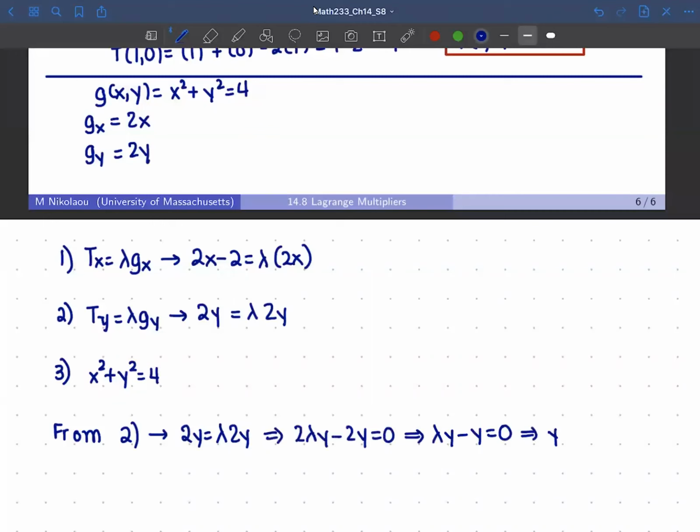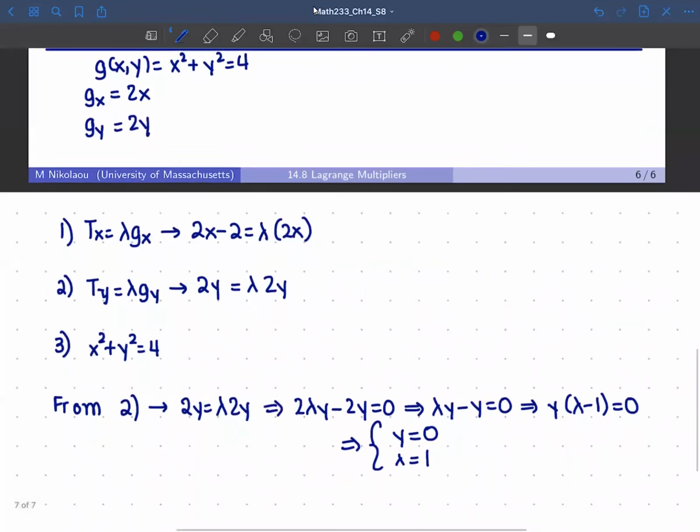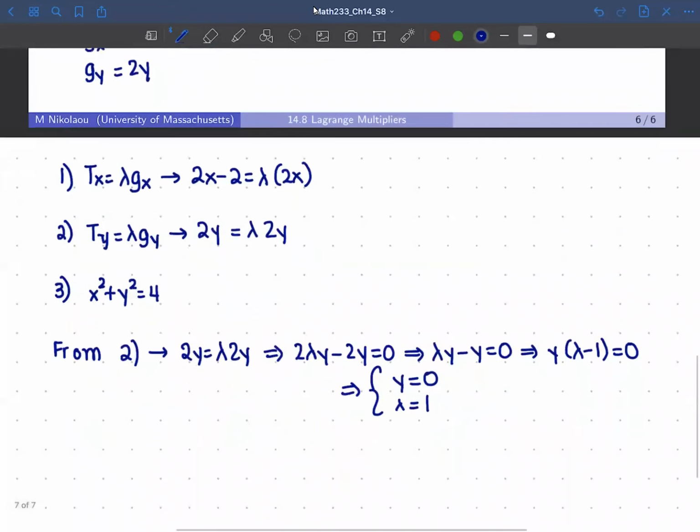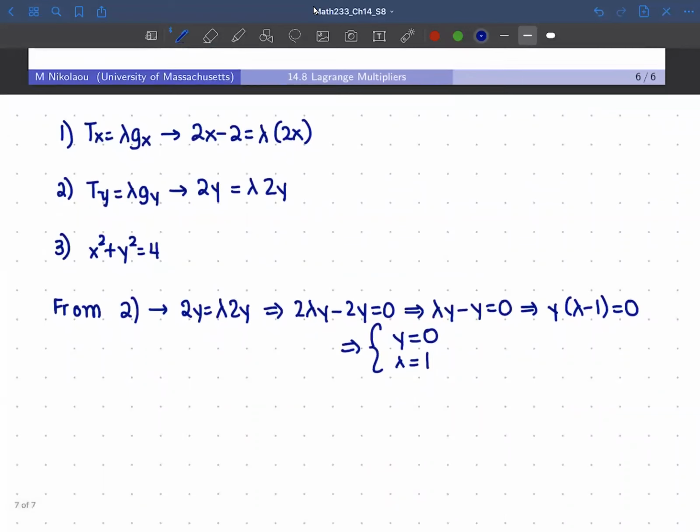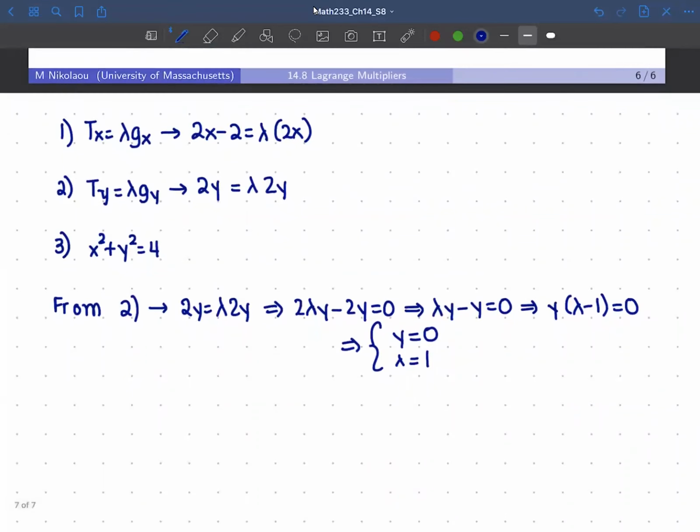Factoring y, we have y times (lambda minus 1) is equal to 0. That gives us two solutions: either y equals 0 or lambda is equal to 1. Now we'll have to check what happens when y equals 0, and then what happens when lambda is equal to 1.